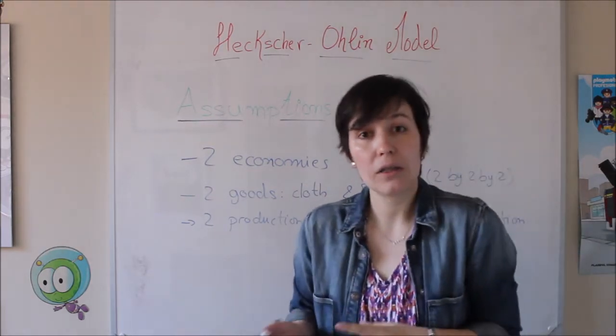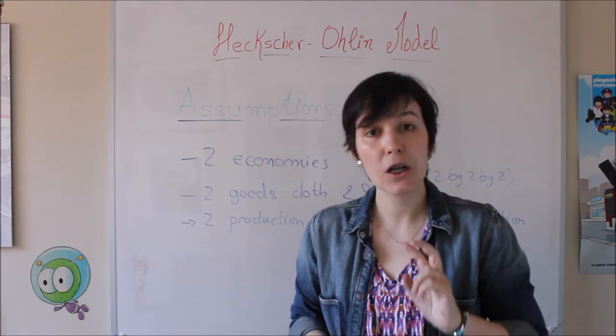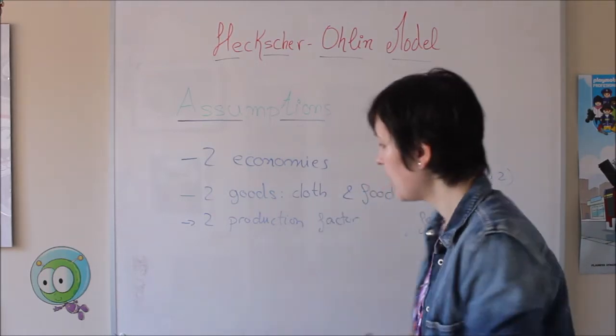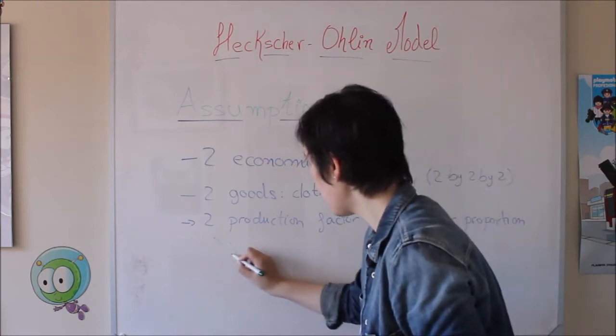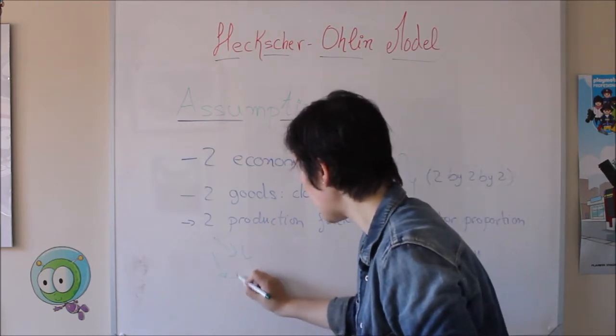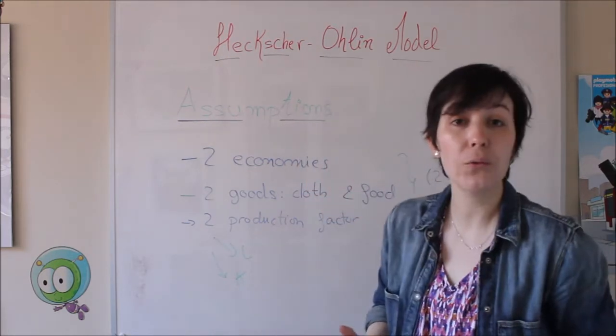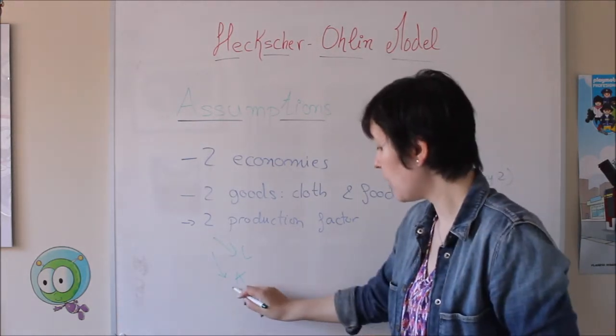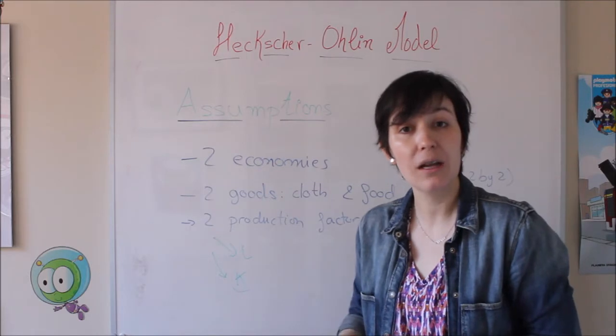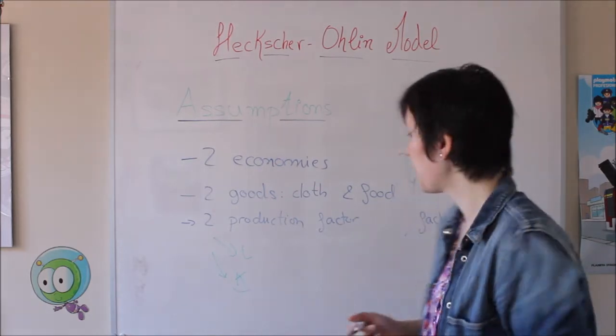Also, as we said, we are going to have just two production factors, labor and capital. Because it's the long run, we don't have land in this case, because eventually, as we said, capital can be land and land can be capital.